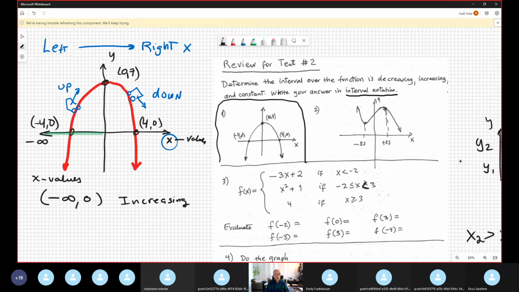The behavior is increasing. And let me try to use another color, maybe red. In this interval, the function is obviously going down, is decreasing. Entonces es from 0 to positive infinity is decreasing. Never is constant, never is flat.